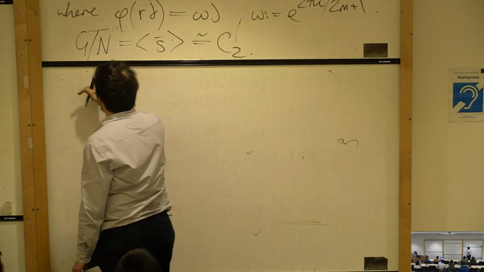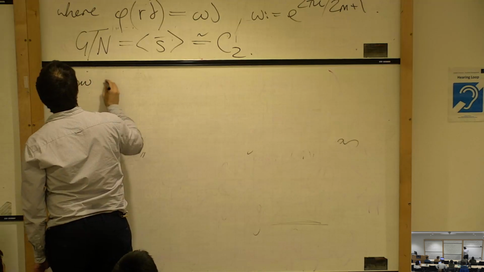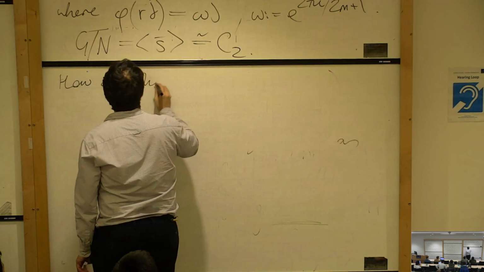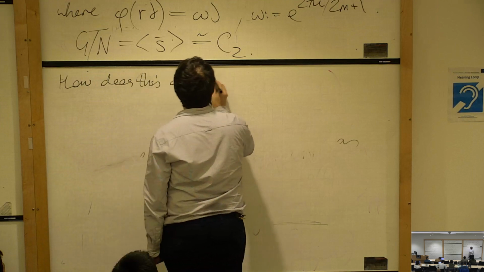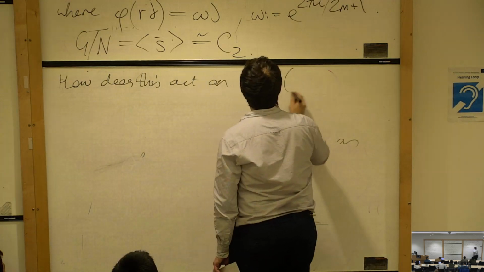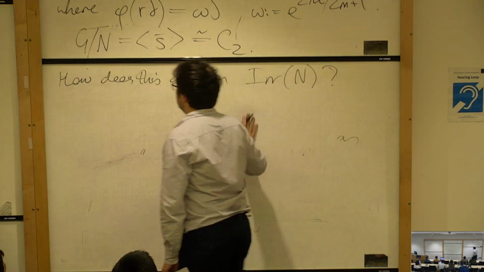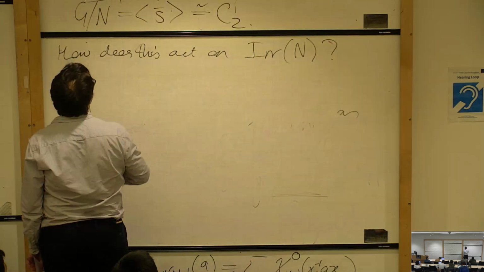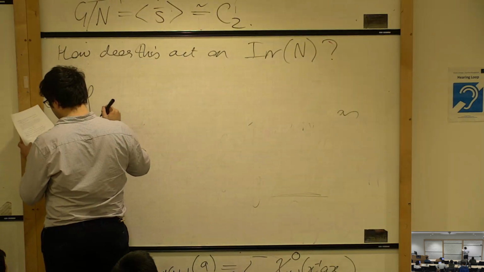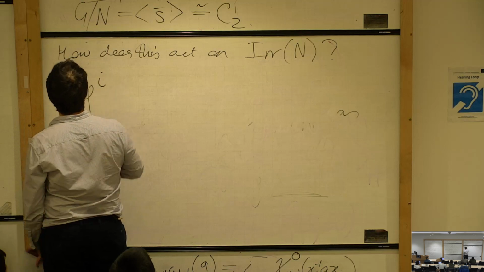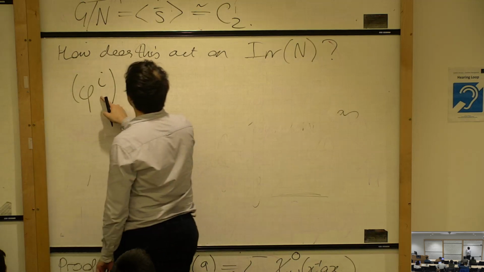How does this act on the set of irreducible characters of N? Well, you can just compute. Phi to the i, that's an irreducible character.